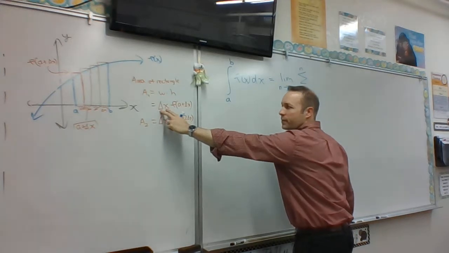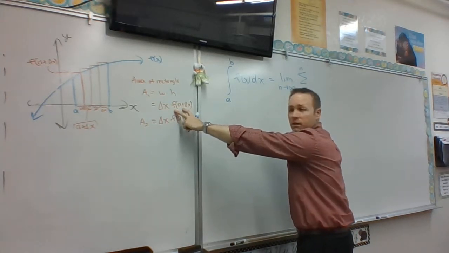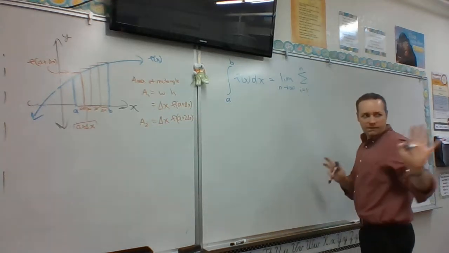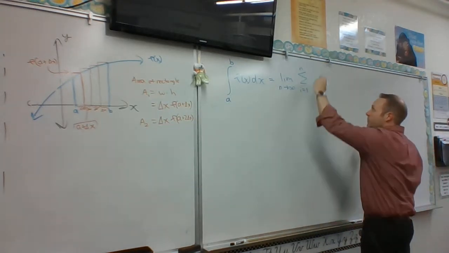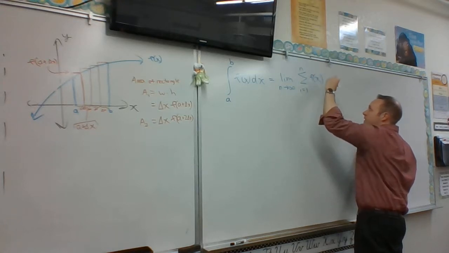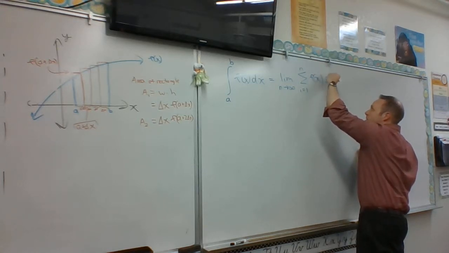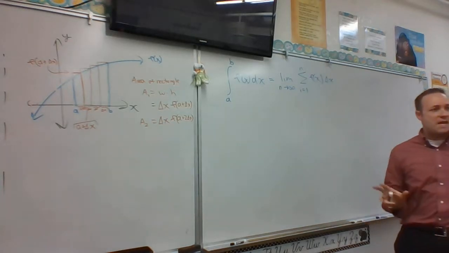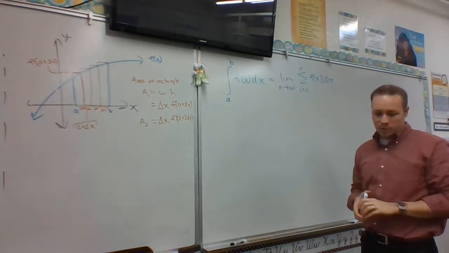Here we're dealing with the width of the rectangle times the height of the rectangle, right? I'm just going to flip-flop those and go height times width, just because it'll keep me consistent with the textbook here. f of x sub i delta x. I'll explain the x sub i part here in just a moment.